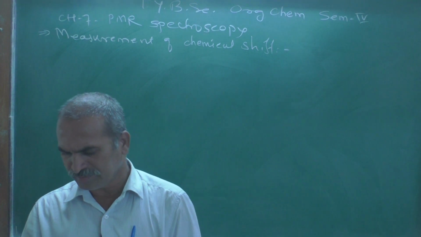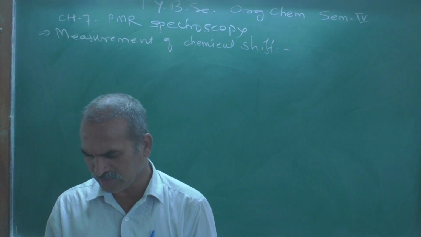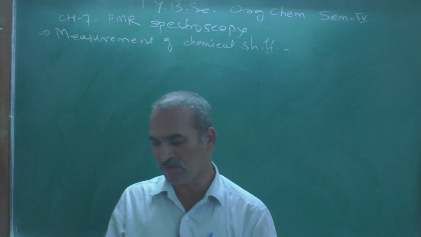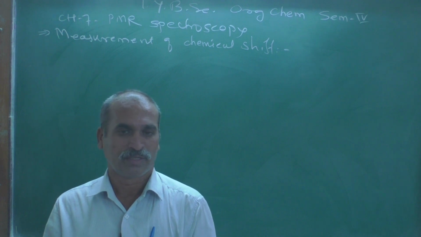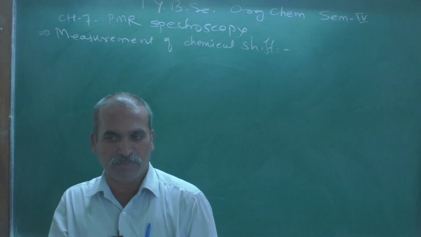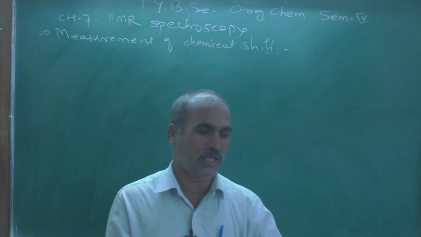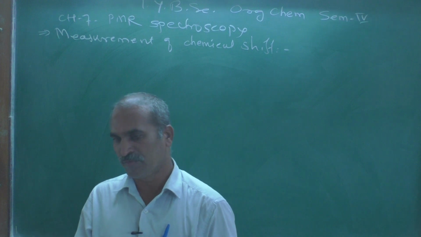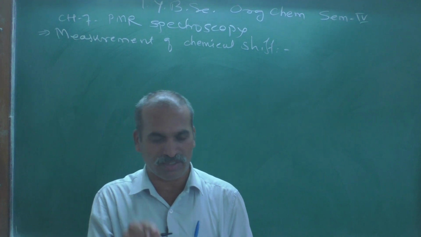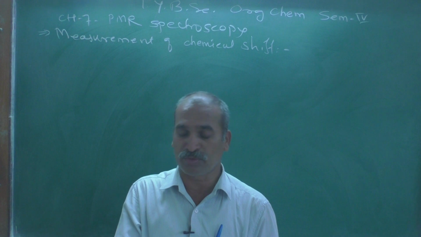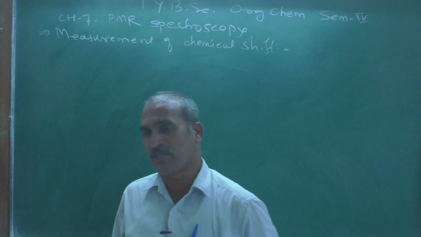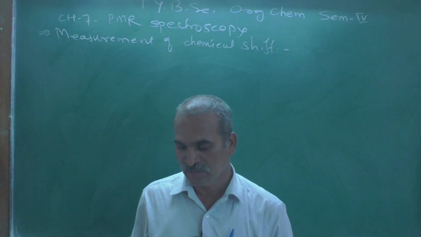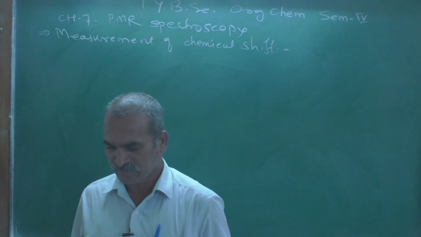Methyl protons are absorbed at upfield, whereas methylene protons are absorbed at downfield. The methylene proton is nearer to the chlorine group, which is an electron withdrawing group that withdraws electron density, and that is why that proton becomes de-shielded and absorbs at downfield.